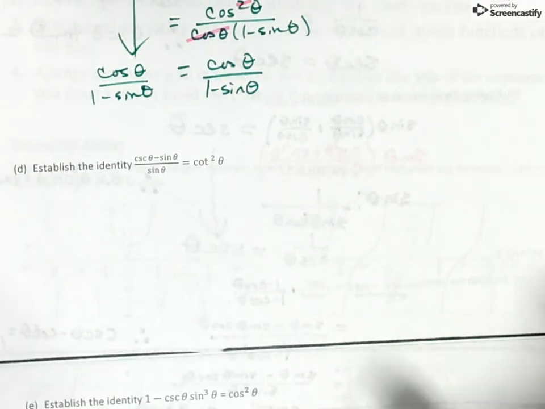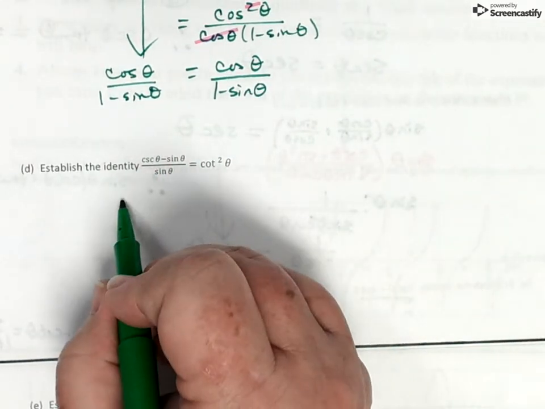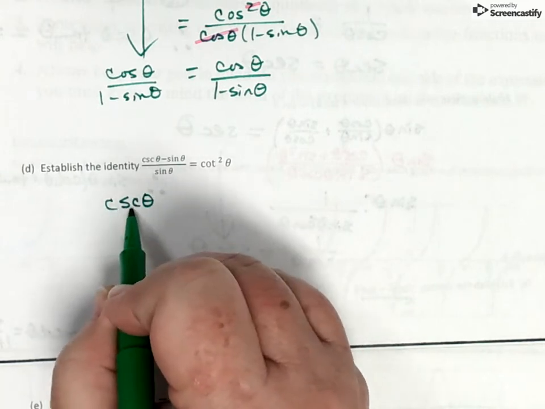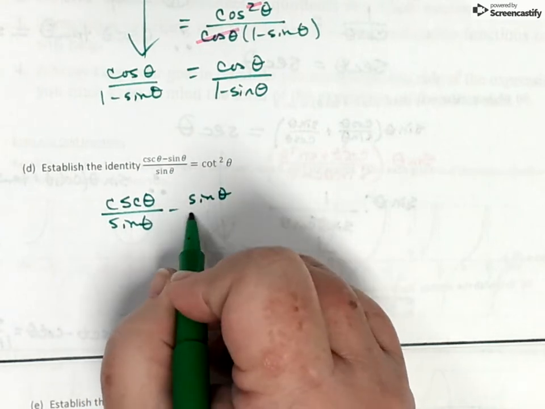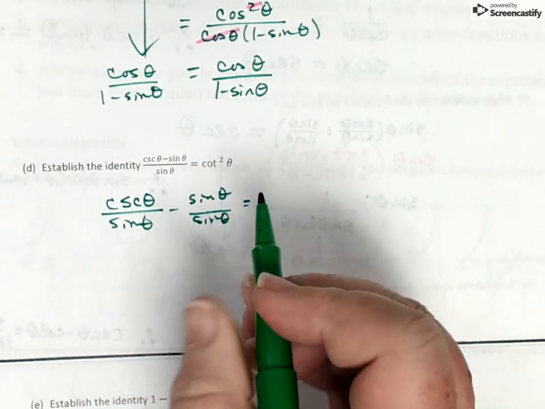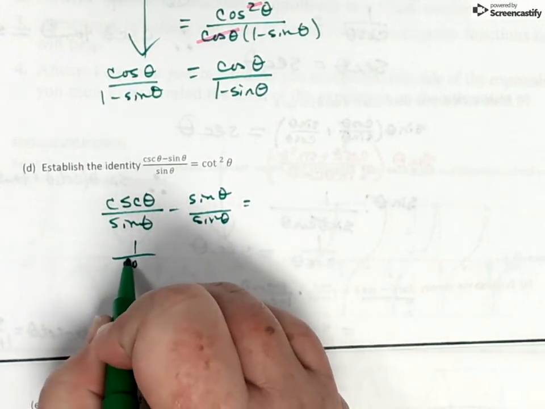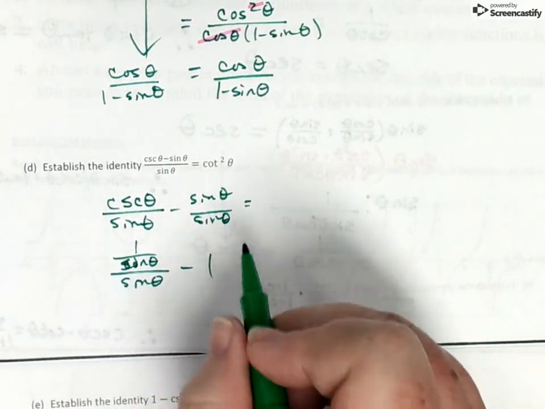Let's do one more. I'm going to work with the left side, and I'm going to split this into two fractions. Cosecant of theta over sine of theta minus sine of theta over sine of theta. Well, cosecant is 1 over sine, so 1 over sine of theta minus 1.